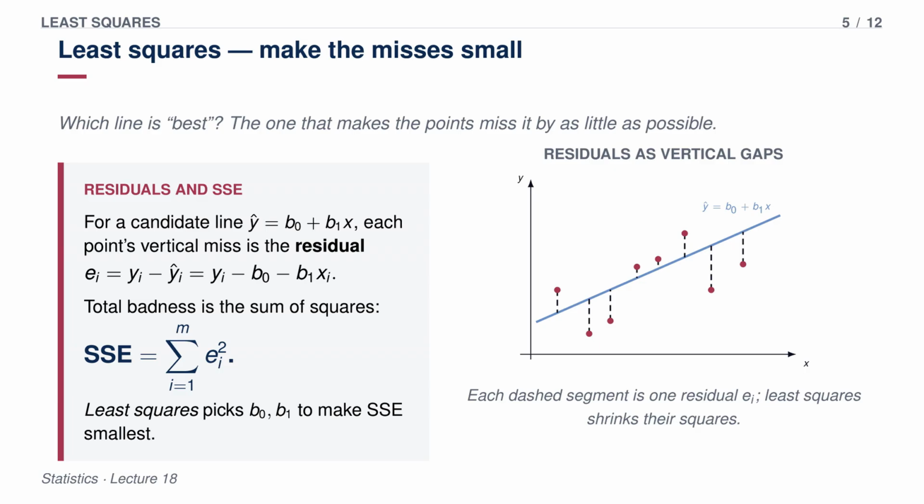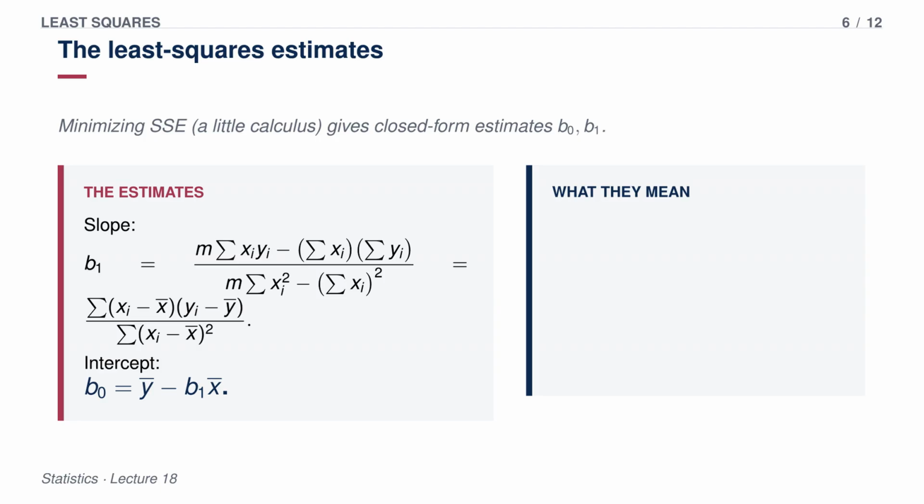So square them and add: SSE, the sum of ei squared. Least squares is exactly the rule. Pick b-naught and b1 to make SSE as small as possible. Look at the picture. Each dashed segment is one residual, and least squares is squeezing all of those segments down together. Minimize SSE, a little calculus, and out come closed-form formulas.